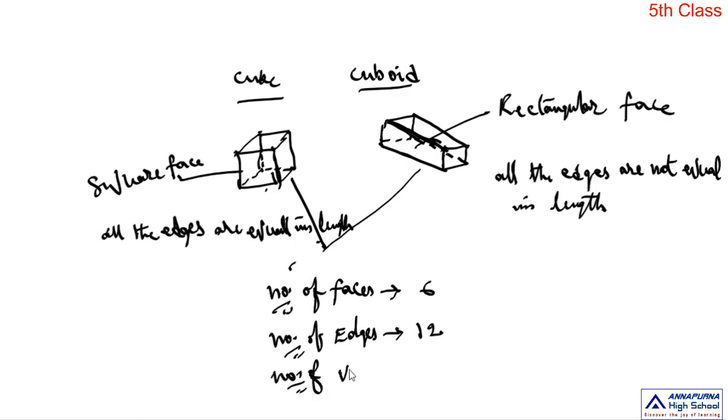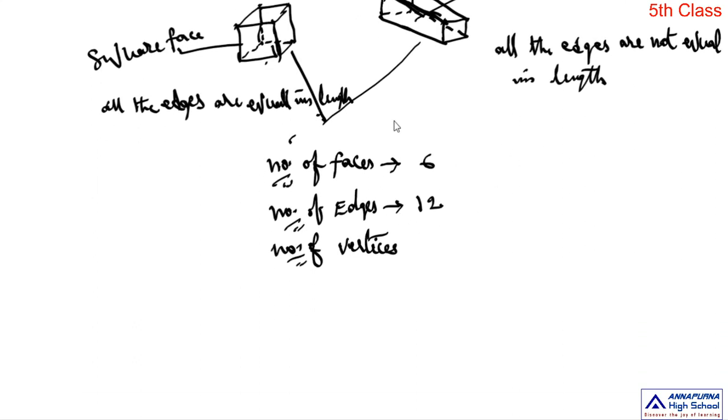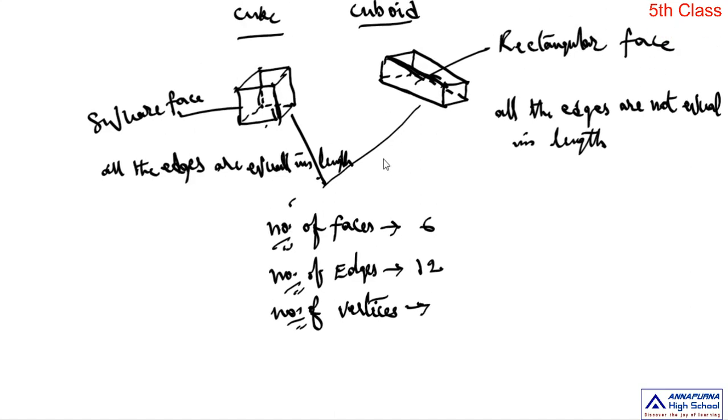What about the number of what we call vertices? How many vertices are there? As I told you, a vertex is a corner where edges meet. This is the corner. This is the edge of this face, and this is also the edge of this face.